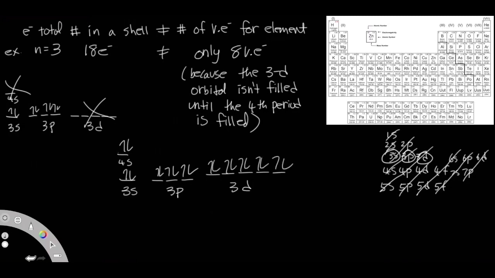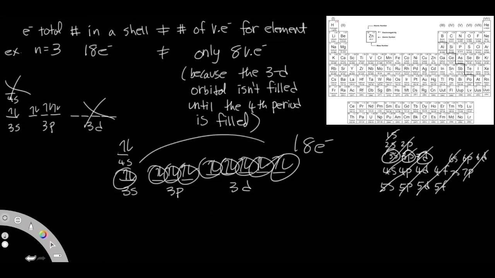Now, what can we look at? We look at the total number of electrons. And if you were to count it up, 2, 4, 6, 8, 10, 12, 14, 16, 18. Now you end up getting that number of 18, because this represents the total number of electrons in that shell.